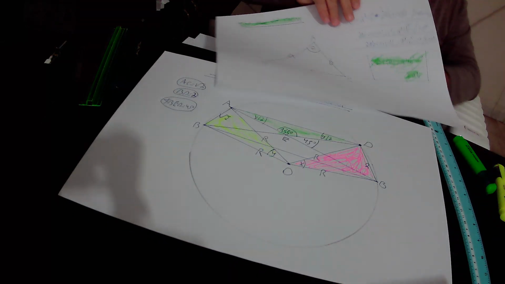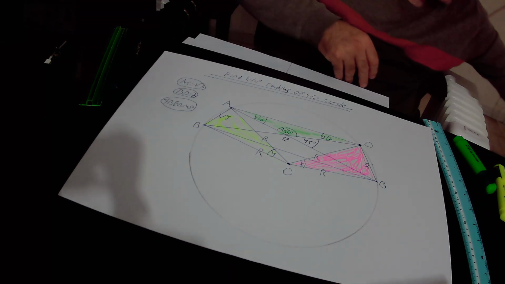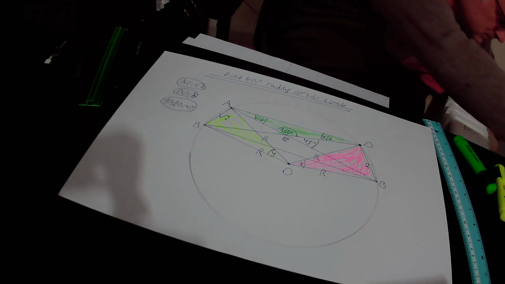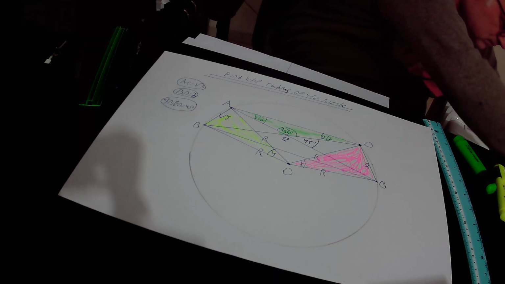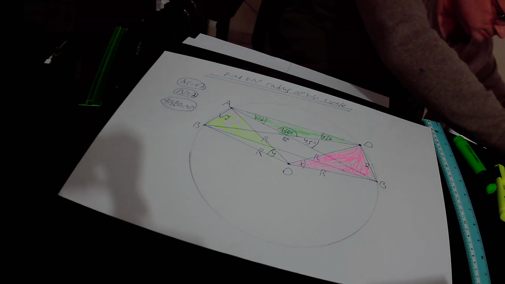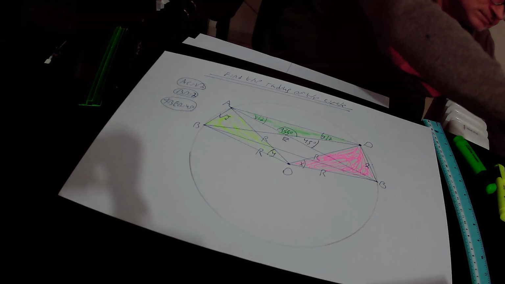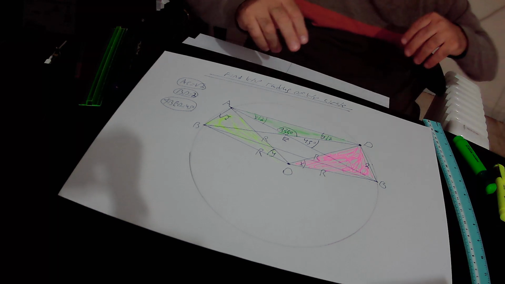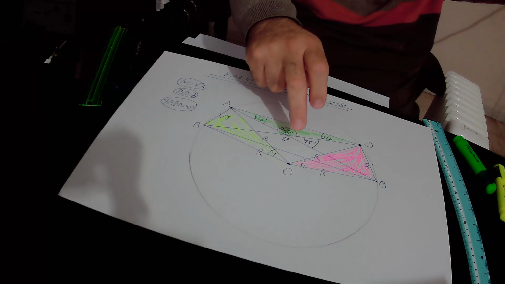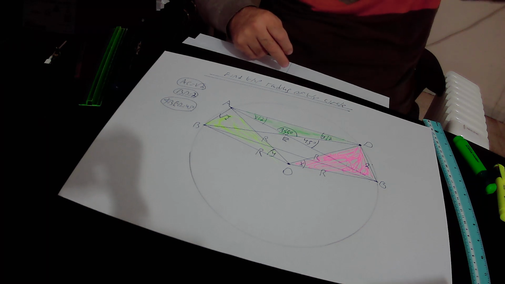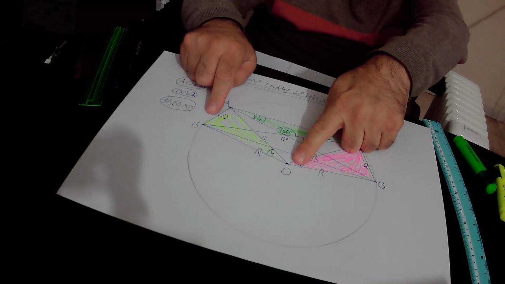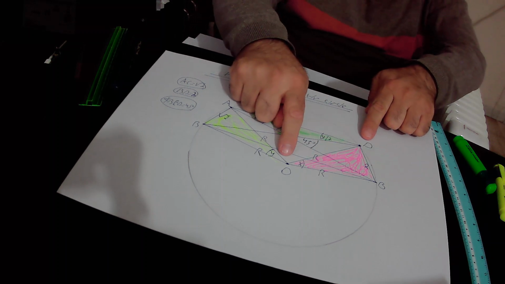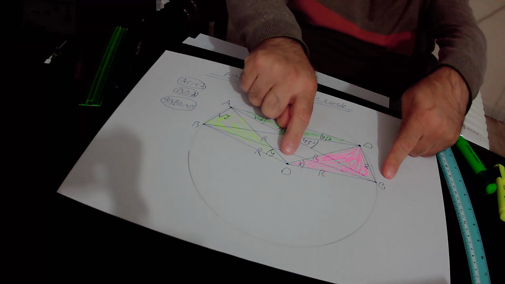In the next step, we define the center of this circle as O. Then we join points O and B with a straight line. We join points O and A. We join points O and D, and we join O and the remaining point by a straight line.